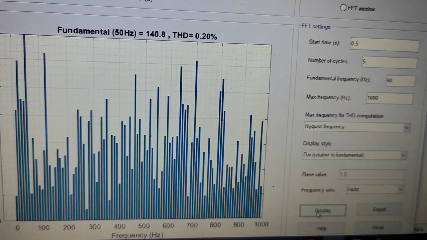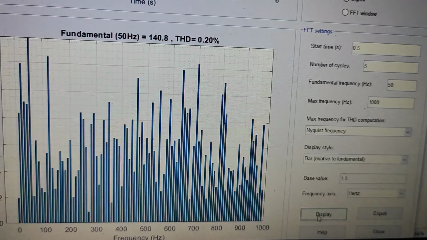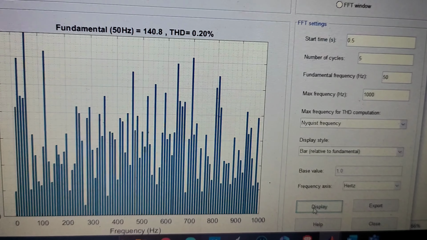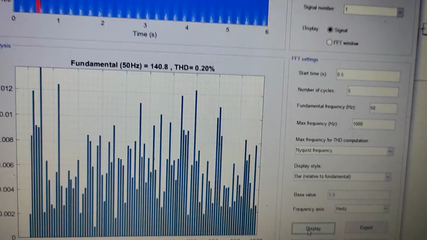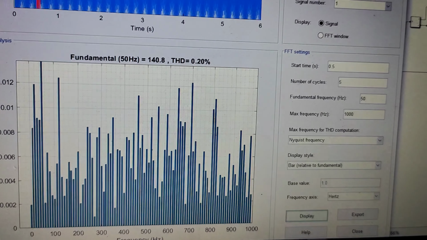Single phase has 1 point something, level 2 has 1.09, and level 3 has 0.20. It has very low harmonic distortion compared to the other batteries. So I prefer the lithium ion battery because it has very little transient time.